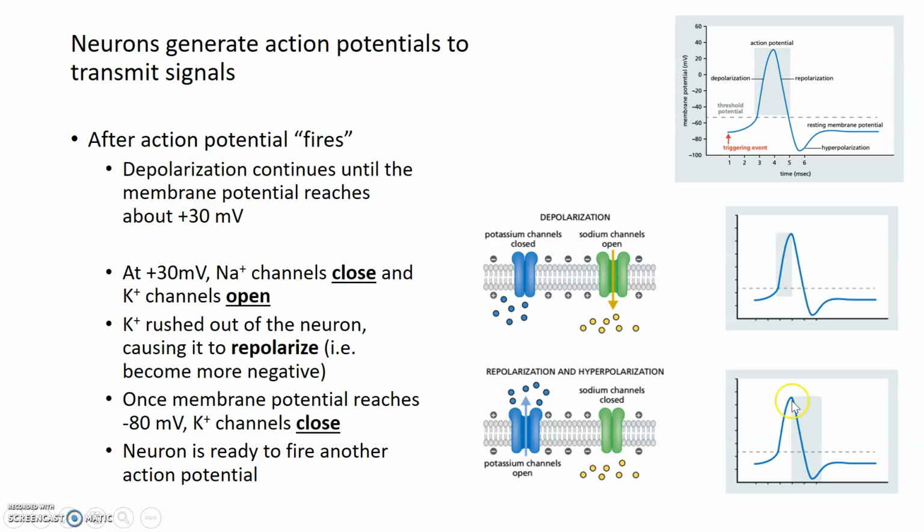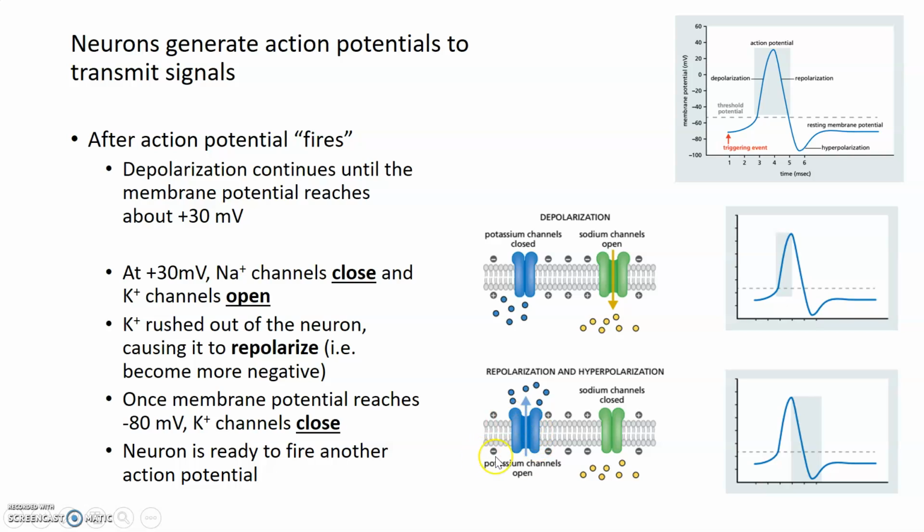And so after the action potential fires and reaches this peak, most positive state, that depolarization continues until about positive 30 millivolts, right? At positive 30 millivolts, another change happens to these voltage-gated channels.